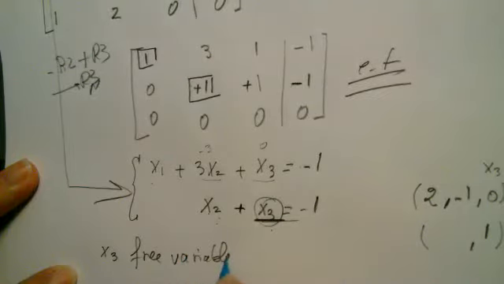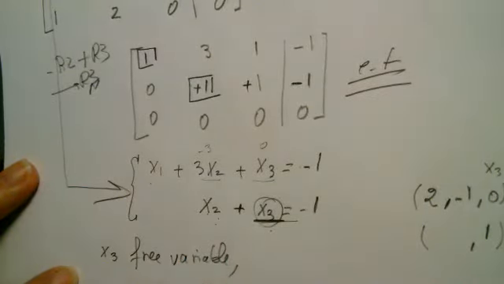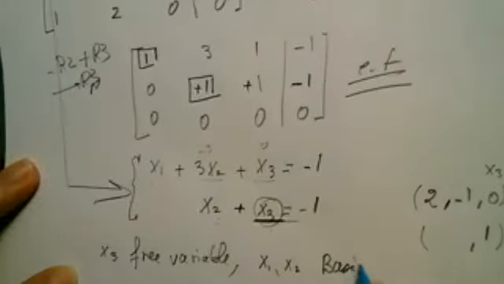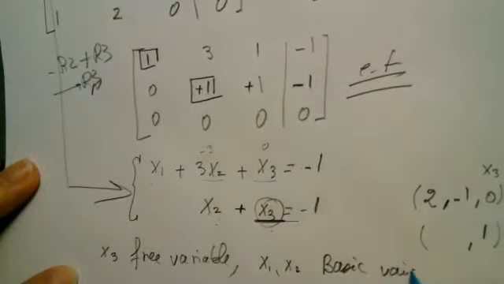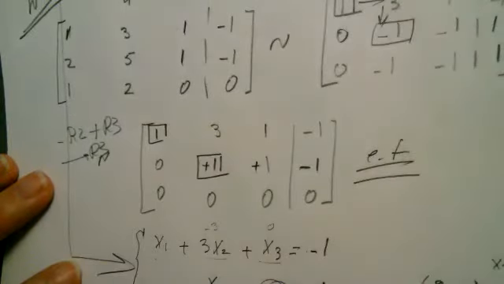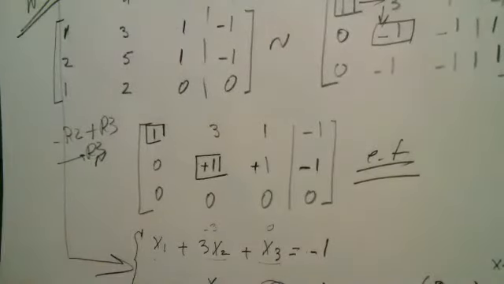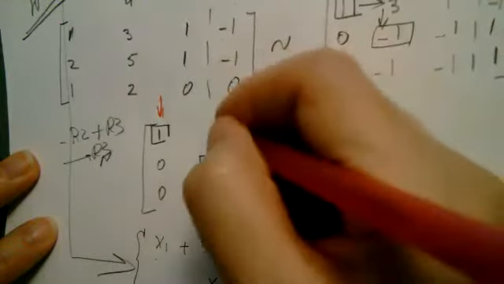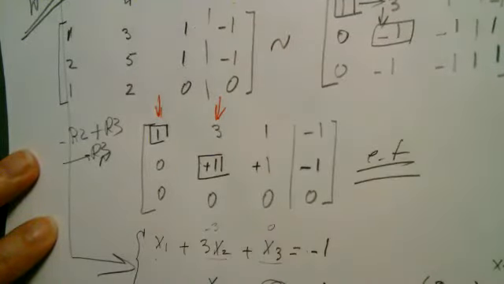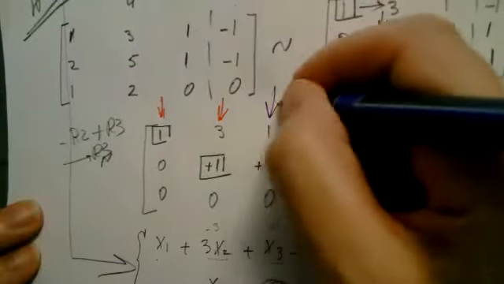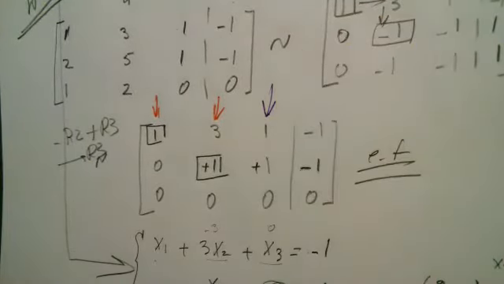It means it can take any value we want. x1, x2 are the basic variables. So once the system is consistent, the variables that correspond to the columns with a leading entry, we call them basic, and those that correspond to the columns without a leading entry, we call them free variables.